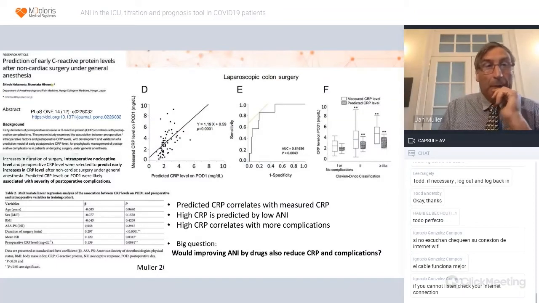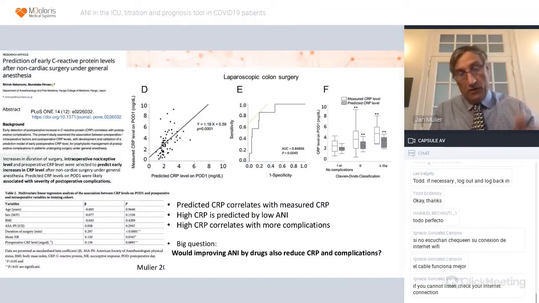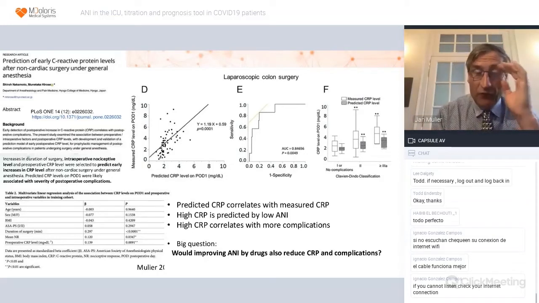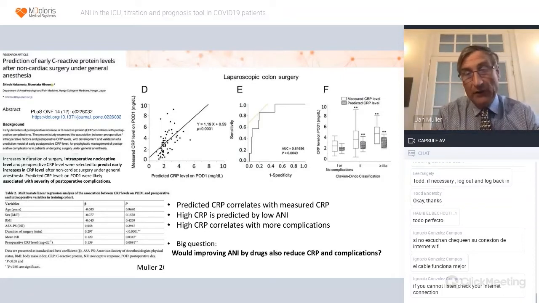There is an analogy between heart rate variability and inflammation, as we have shown already. Both systems are very strongly linked, and in this study, it is shown that high CRP levels also correlate with low ANI levels. So high CRP levels measured, or even high CRP levels predicted based on the ANI, correlate quite well.